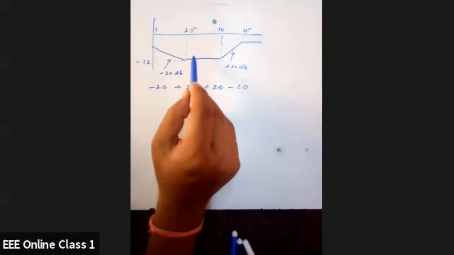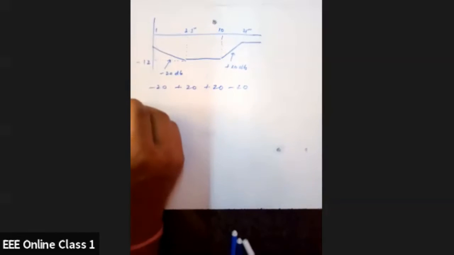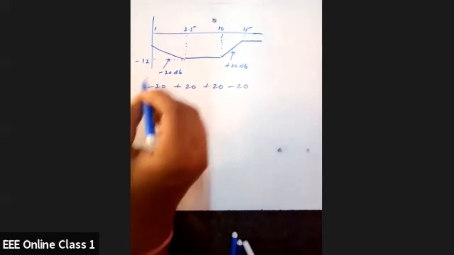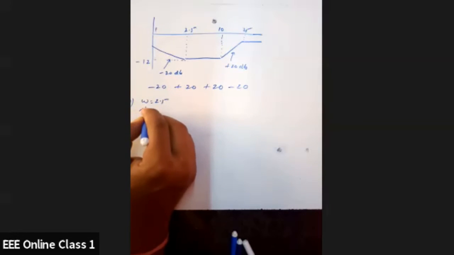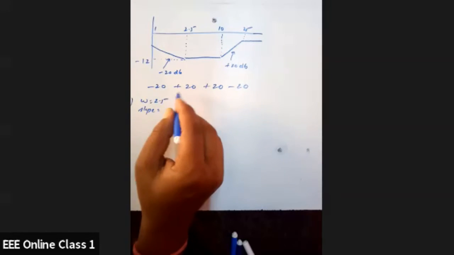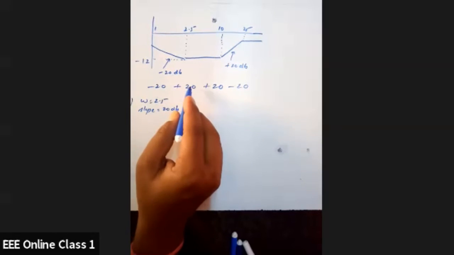Let us write for the second slope. The corner frequency is 2.5, and the slope is plus 20 dB.